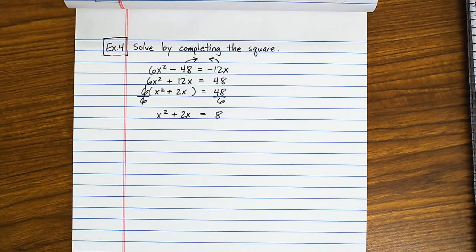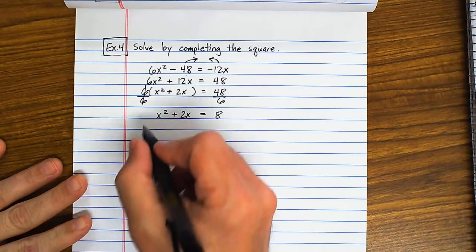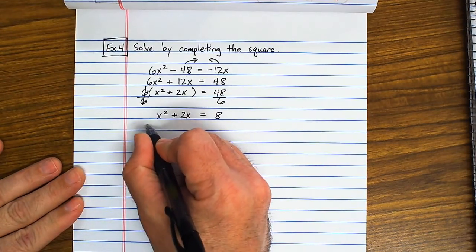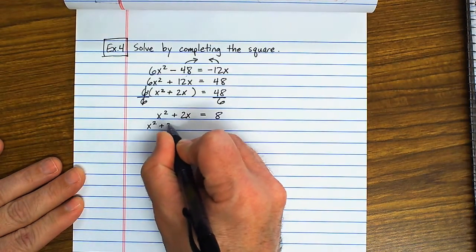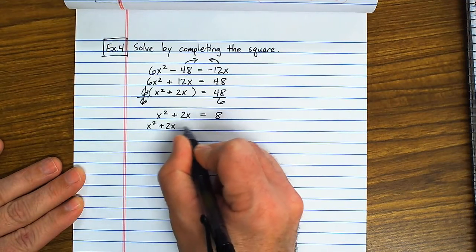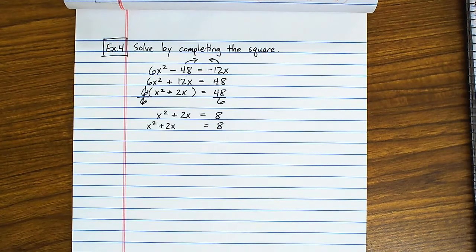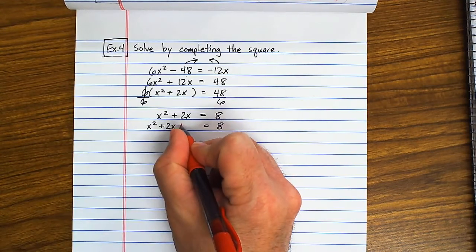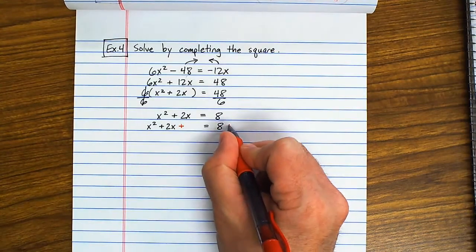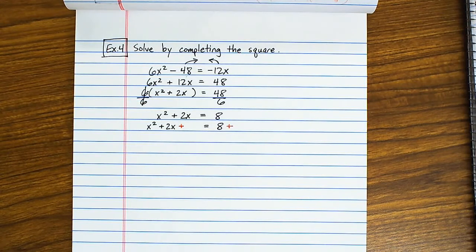So this is where we're going to do the completing the square part. If you remember when we did this in Unit 4, I would say x squared plus 2x, a little bit of space, equals 8. We're going to put a plus sign right here and a plus sign right here.